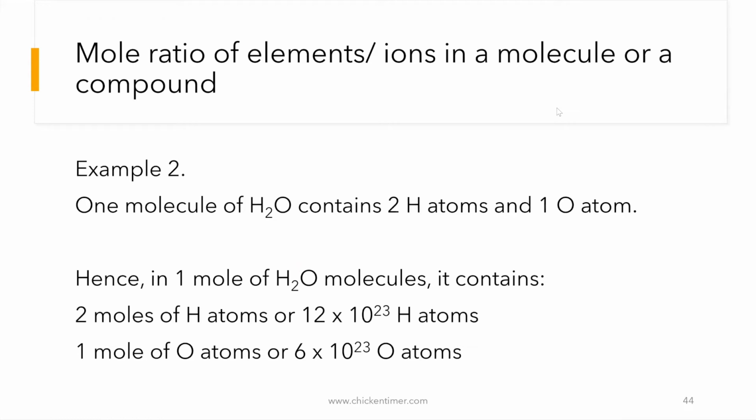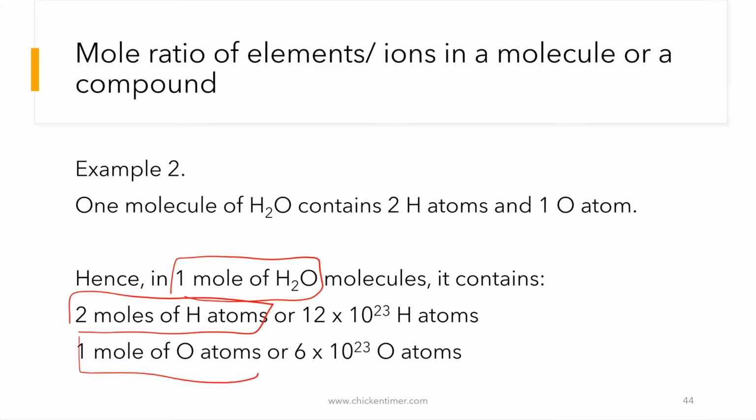So you see this example too. You have 1 molecule of water containing 2 hydrogen atoms and 1 oxygen atom, right? So 1 mole of water molecules contains 2 moles of hydrogen and 1 mole of oxygen.